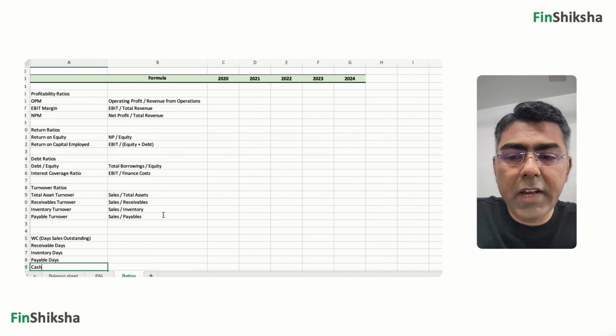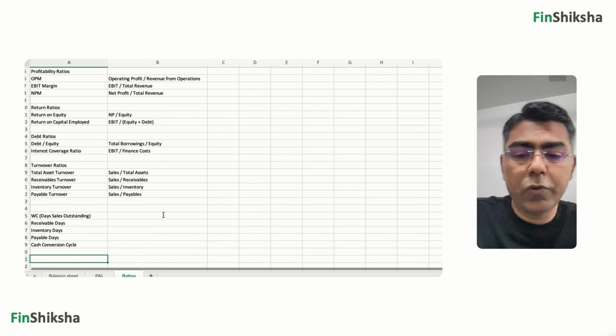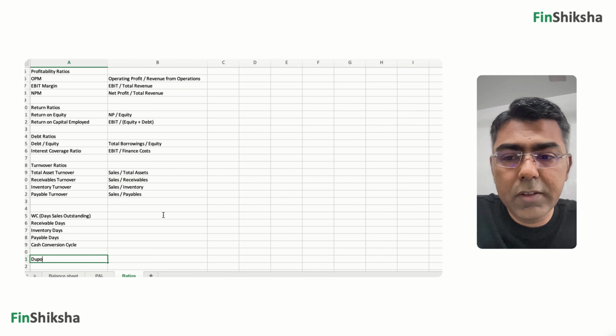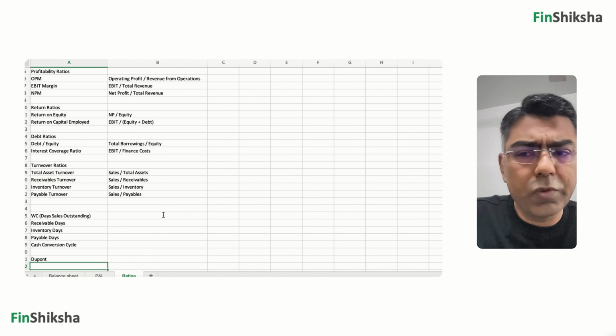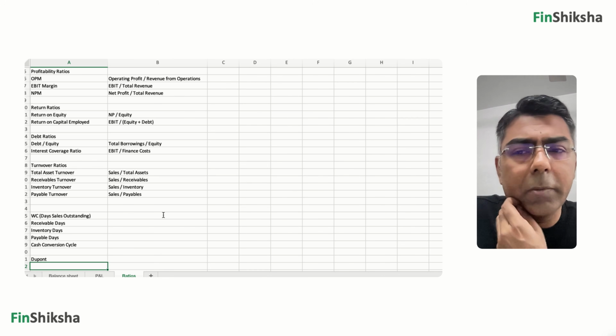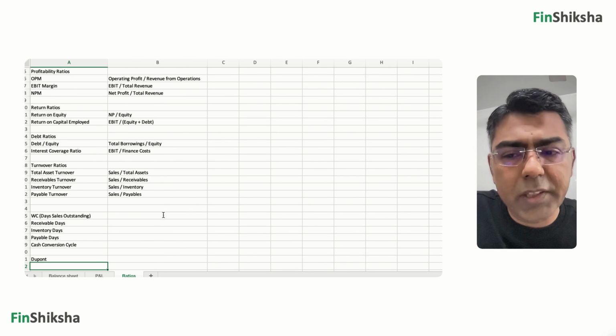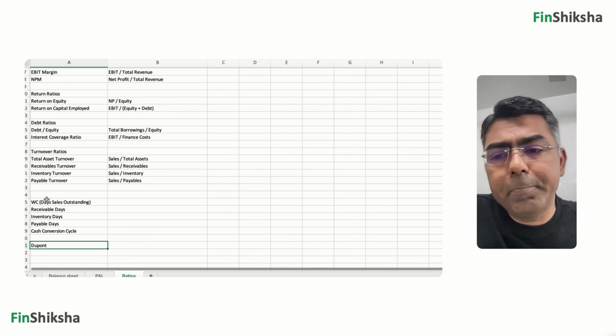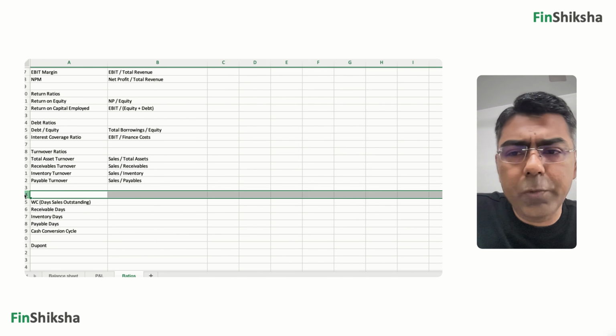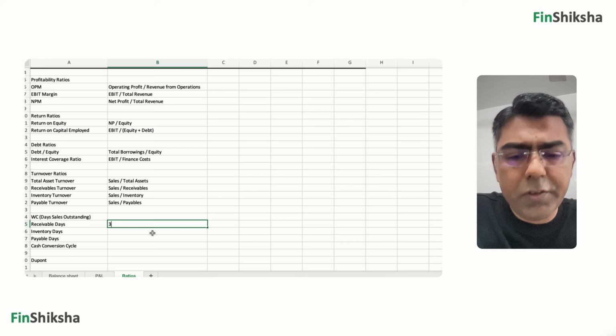That will give us the cash conversion cycle. We can also do Dupont analysis, right? So Dupont will have its own set of calculations, and some of those numbers we would have calculated. So we'll just try and multiply and see if we get the return on equity using that, right? So this will come through Dupont. We'll look at some more ratios as we go along. So let's try and start with this.